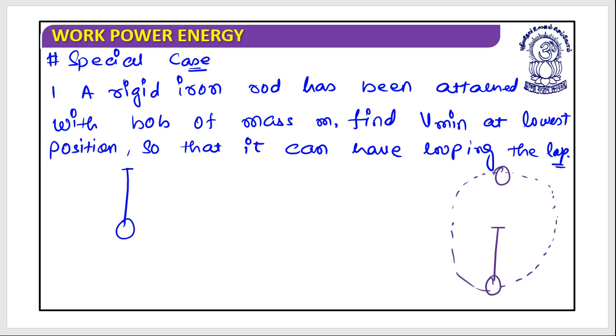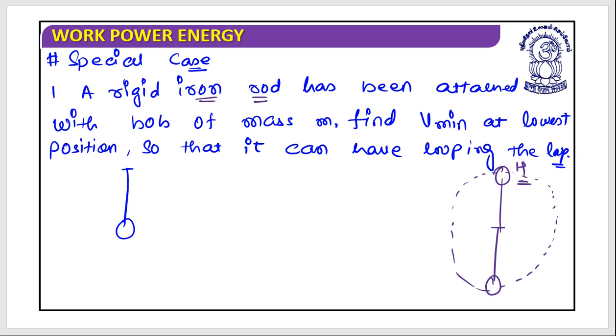So when it reaches here, there are chances that at the highest position, the string would be slackened, and as the string would be slackened, the tension would be zero, and we derived everything. But now in this situation, this is an iron rod. So when it reaches maximum height, there are no chances that it is going to be slackened down. I hope this is clear.